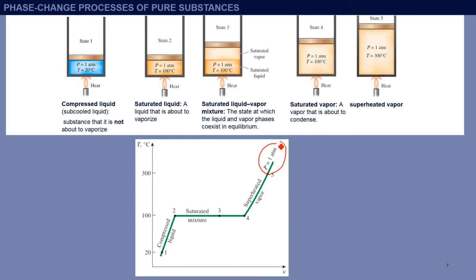So what happens if I increase the pressure? Let's say 2 atm. The starting volume will be slightly lower than the 1 atm case. So we will start from here, and we will see a gradual increase of the temperature and volume when we are adding heat, and we will see the boiling at a higher temperature.